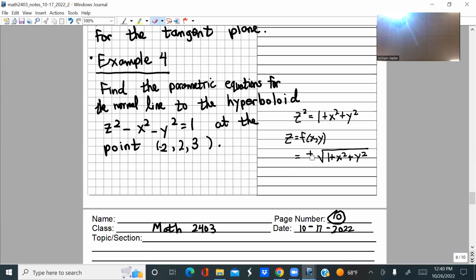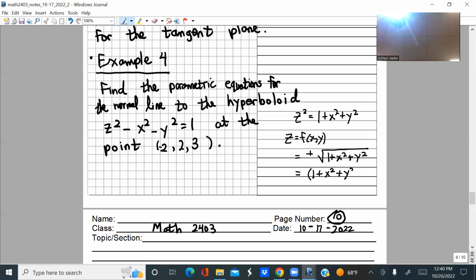Now that's still a formidable function of two variables, because we have to compute partial derivatives. Yuck. All right. And so that looks like an ugly partial derivative to compute. My suggestion is don't use the square root here, because when you're computing derivatives, square roots are not your friend. So what can we do with the square root? Yeah, that's right.